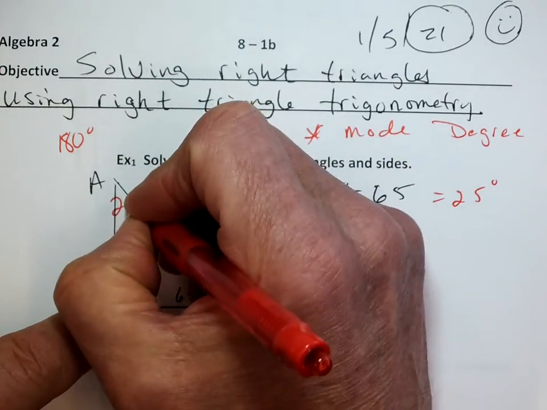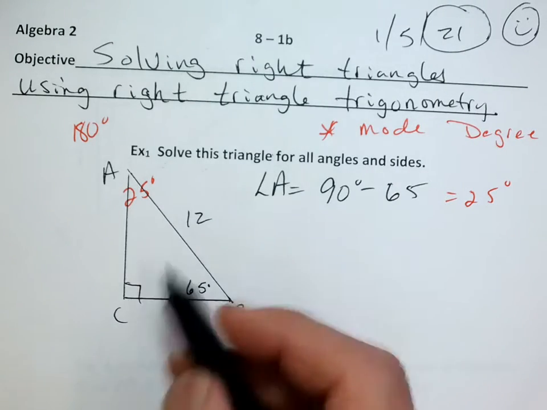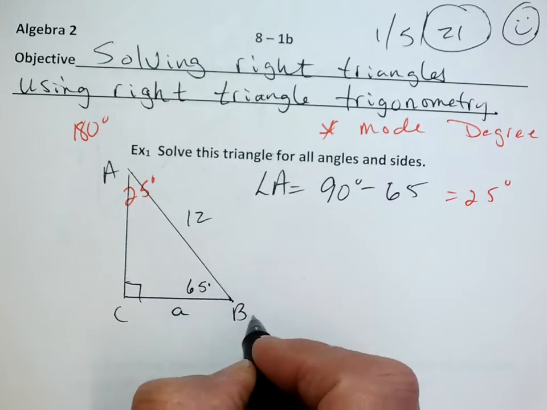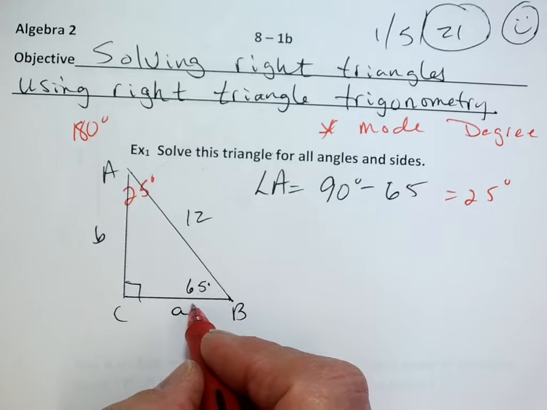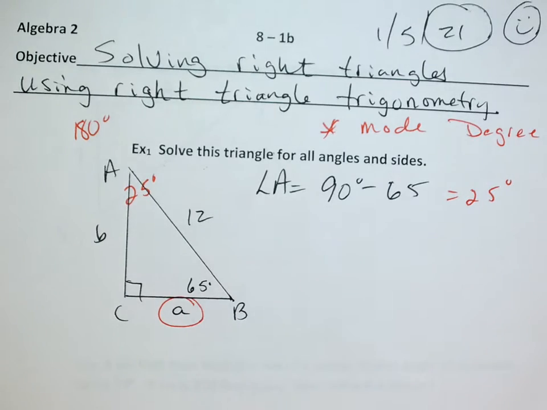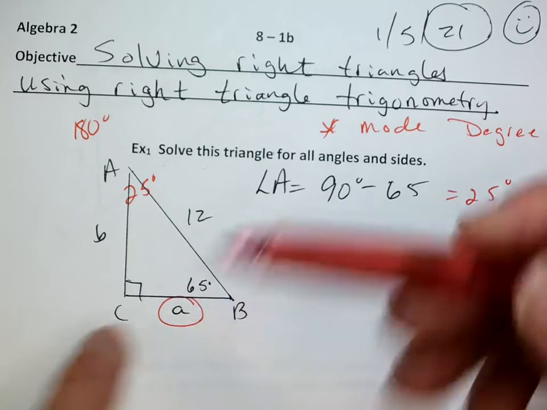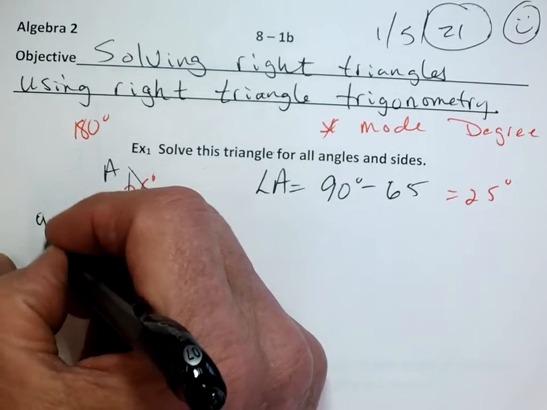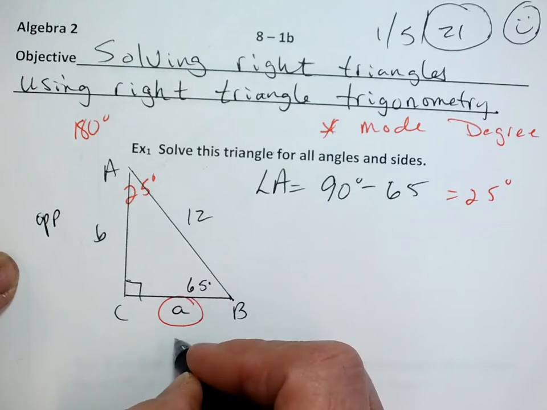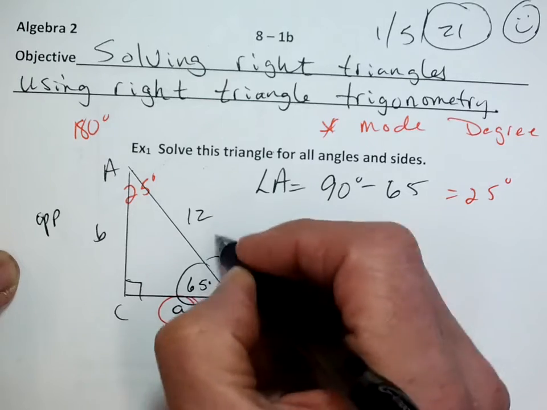Then the second thing I'd like to do is find either little a or little b. It doesn't really matter which one you choose. Maybe I'll choose little a. If I'm at angle B, little a is my adjacent side because it's next to it, and the 12 is my hypotenuse.